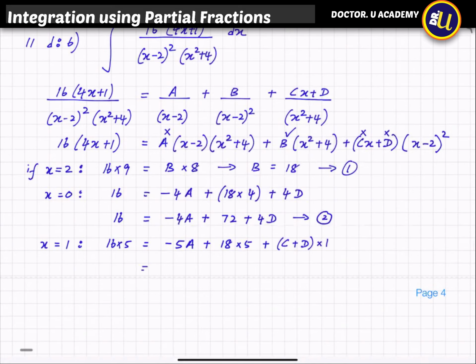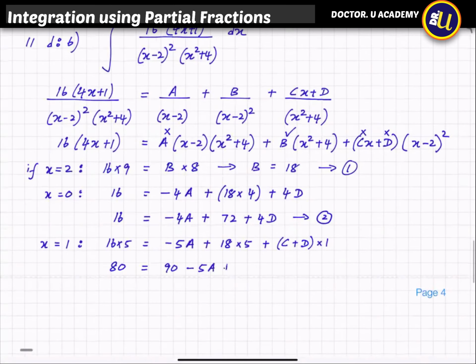So now here we get 16 into 5 is 80, equal to minus 5a plus 90 plus c plus d. So this is my third equation.